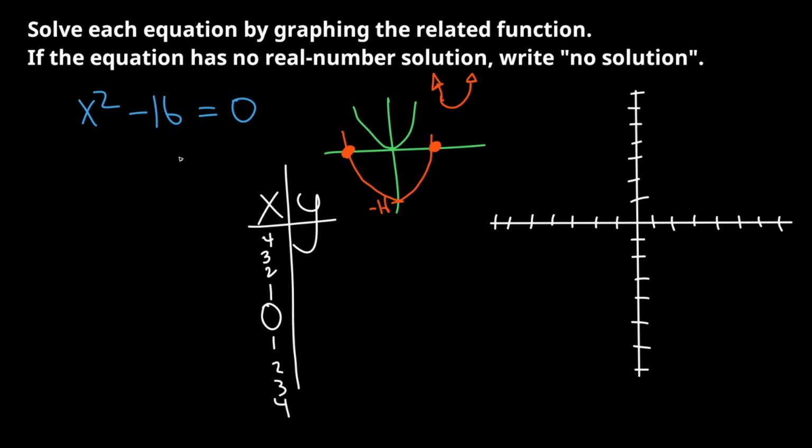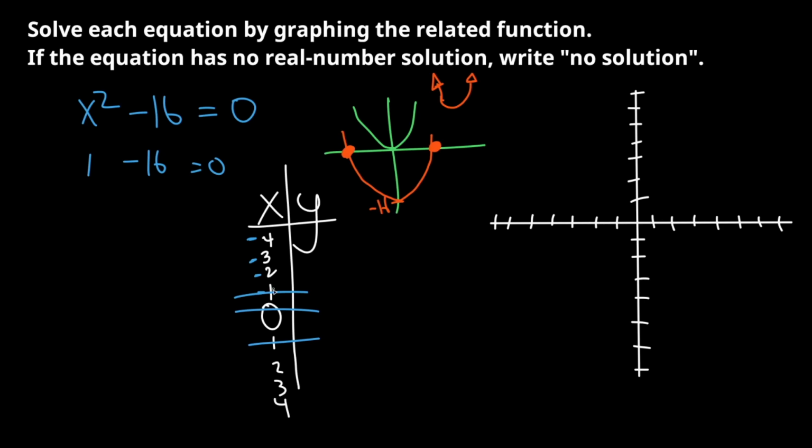So 0, when I plug in here, it becomes 0 minus 16. Well, that doesn't equal 0, so I don't care about that. If I plug in 1, we get 1 minus 16 equals 0. Well, that doesn't work either. Sorry, these should be negatives.